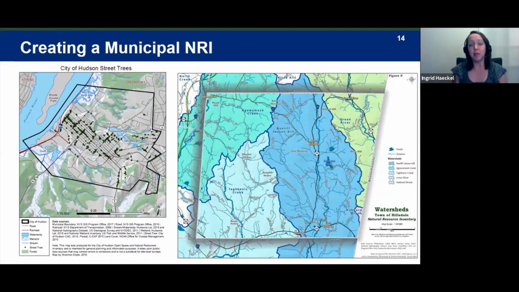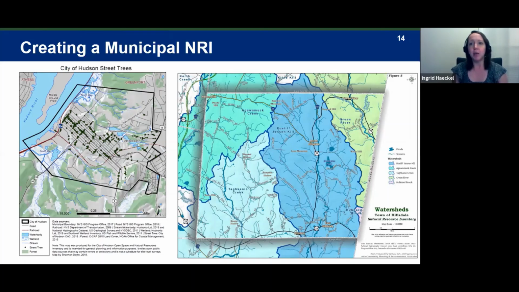Sometimes a municipal comprehensive NRI is included as an appendix to the comp plan, but typically what's included is a little more basic. We already have had 2 communities complete NRIs that have drawn on information from the County NRI: the City of Hudson and the Town of Hillsdale.